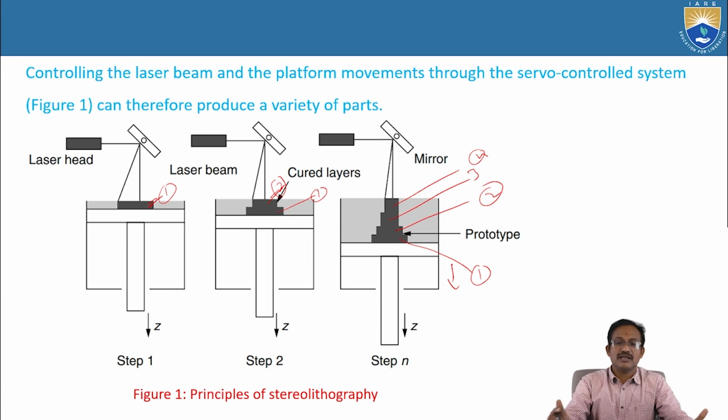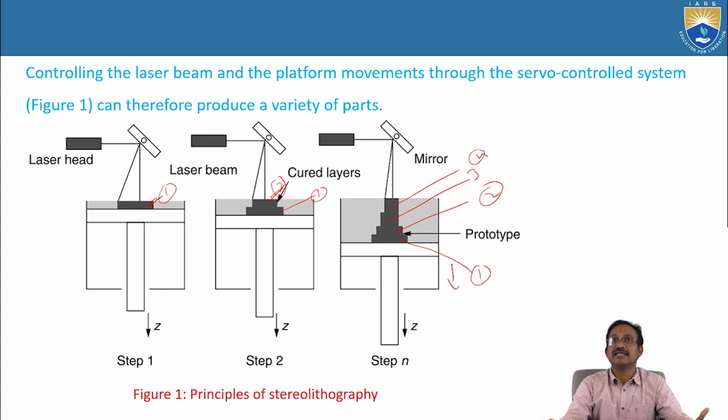Here the mirror deflects as per the profile, that is the slice of the CAD input. Based on the CAD input, the mirror deflects the laser beam so that it moves in that path and fuses the corresponding profile space. Otherwise every time it will move in the same line.